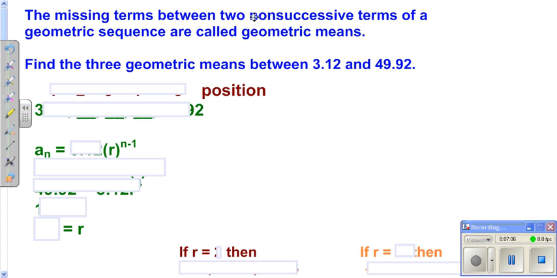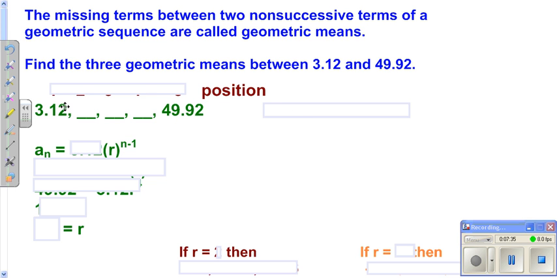So the missing terms between two non-consecutive terms of a geometric sequence are called geometric means. So here we need to find the three geometric means between these two numbers. So I'm going to treat the first one here as my first term. Then, since we're trying to find three numbers in between, I have to leave 3 spaces. And then I put in my last number here.